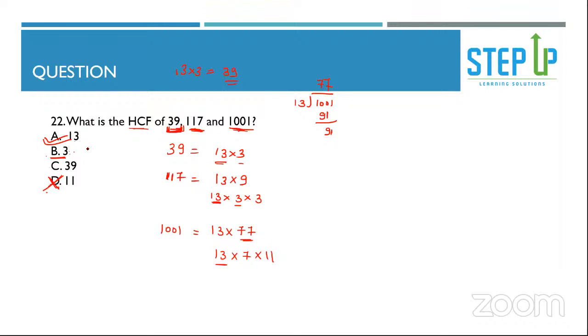No. I hope you're getting my point. So this option also got eliminated. Now we're left with 13 and 39. For 1001, we checked it, and we got 13. Fine. So let's move to the next one.